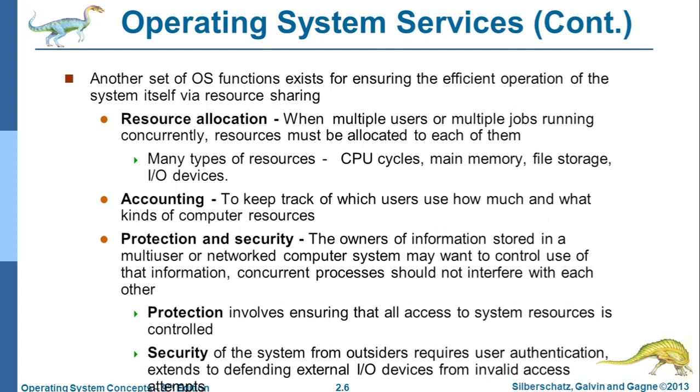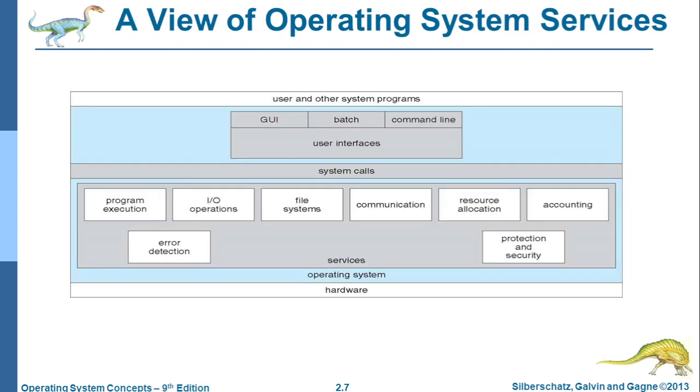It is also used for protection and security. Protection means every system resource is controlled, and security means that if there is a virus or a theft, it tries to secure the computer from virus or theft. This is a view of an operating system.